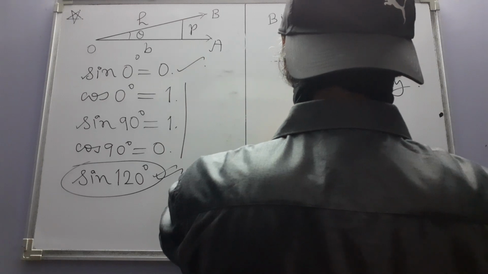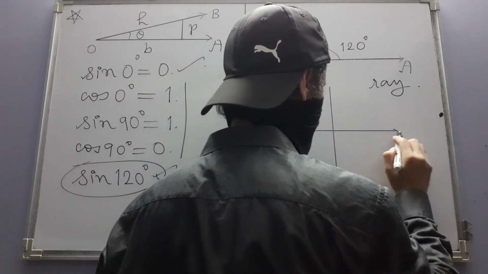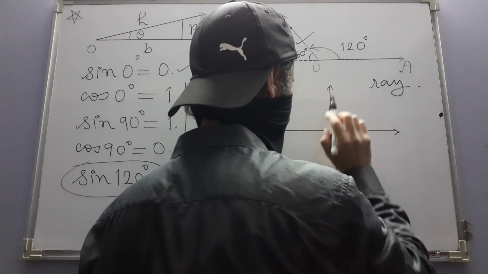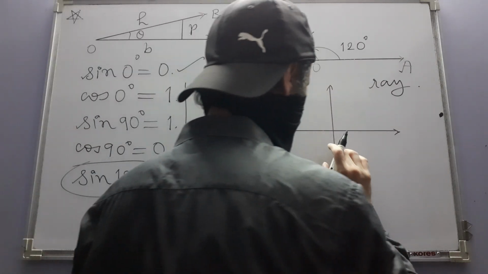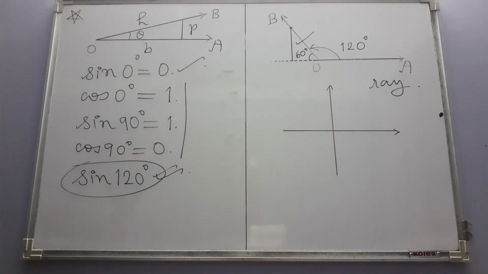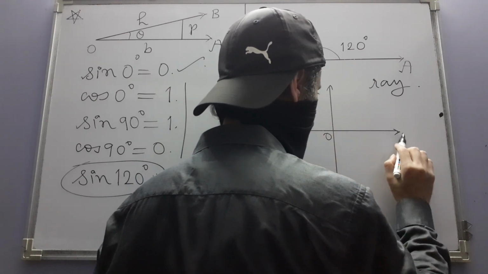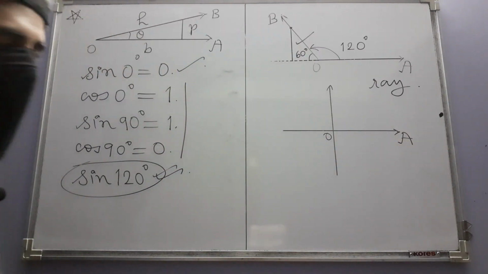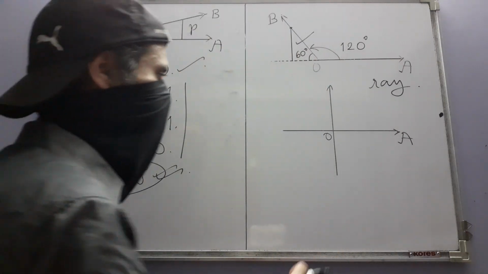If you think of angles, say this is your, I am not drawing x and y axis, okay. These are positions of the sides of our angle. Say one side is this ray OA and the other side is OB, which is changing.